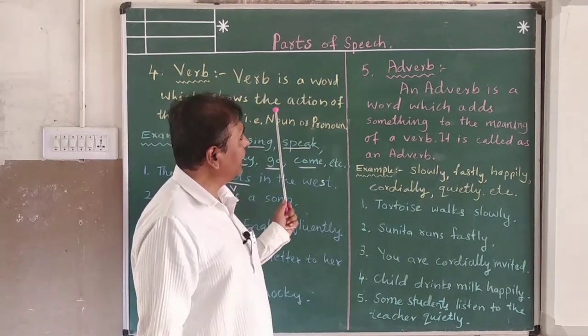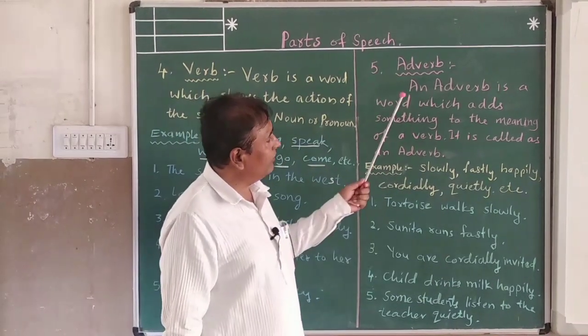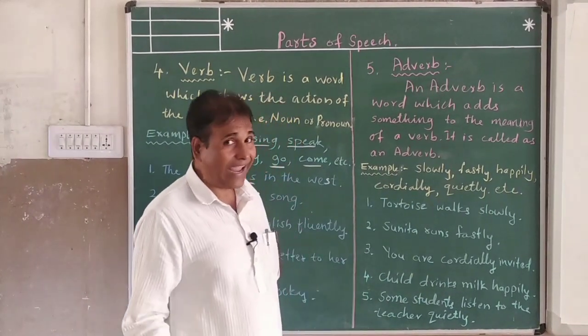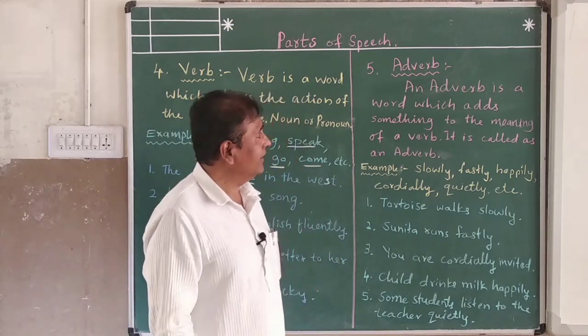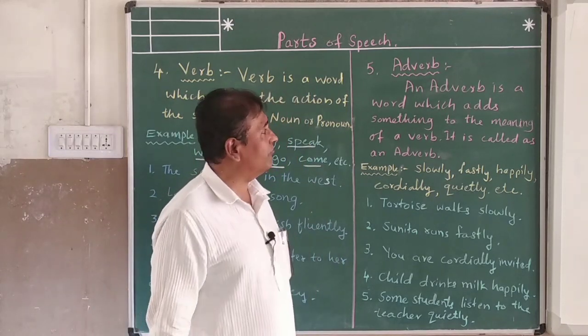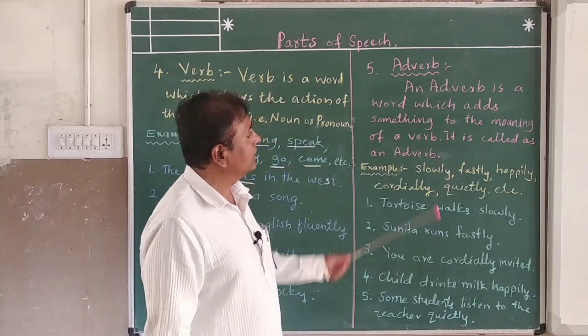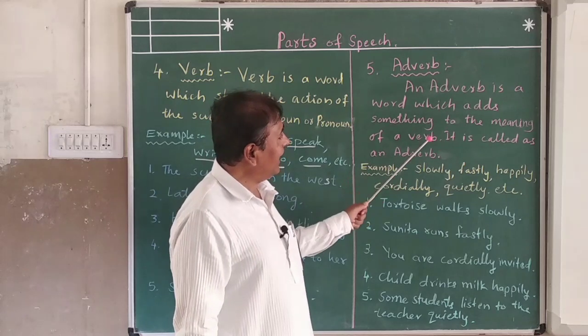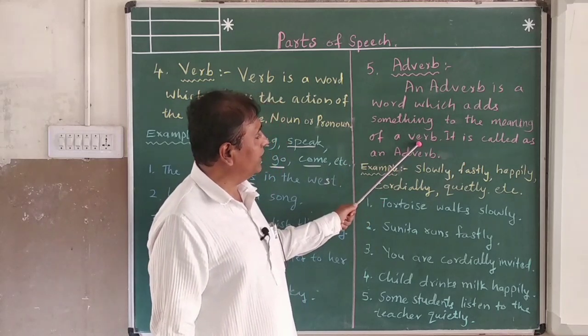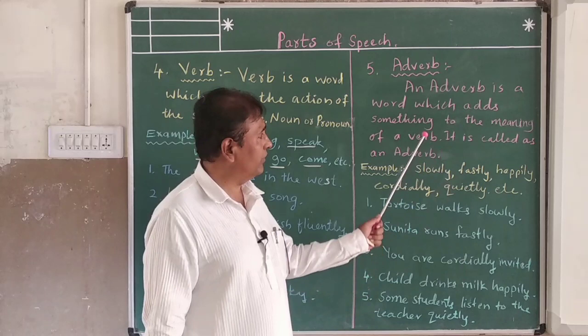Here we have seen the action of the subject. Here something is added, which adds something to the meaning of a noun or pronoun. But here we are seeing a word which adds something to the meaning of a verb.